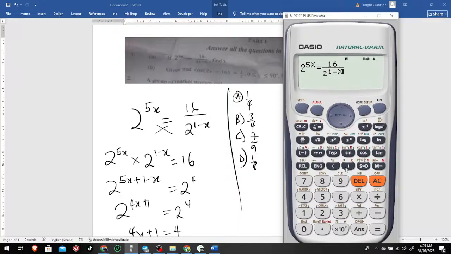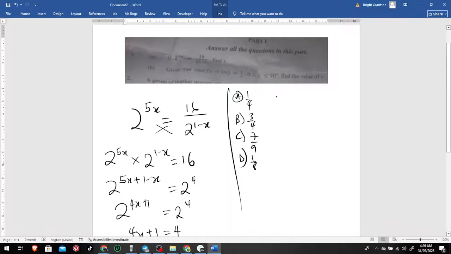After that, you press shift and CALC. Shift and CALC. Right. This is not the answer. Just press equal to so that you get the answer. The calculator will load for some time until it solves and gives you the answer. So the answer is 0.75. You write this answer down, 0.75. Then you enter these options.